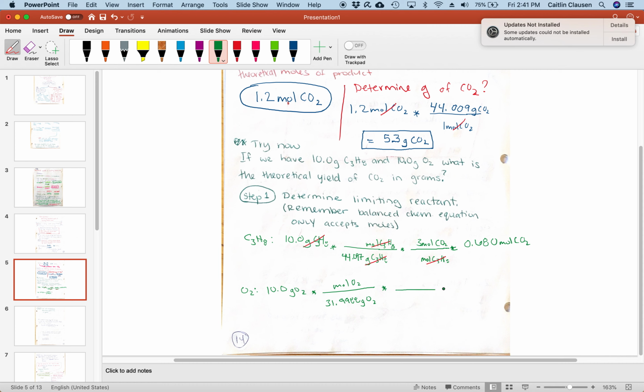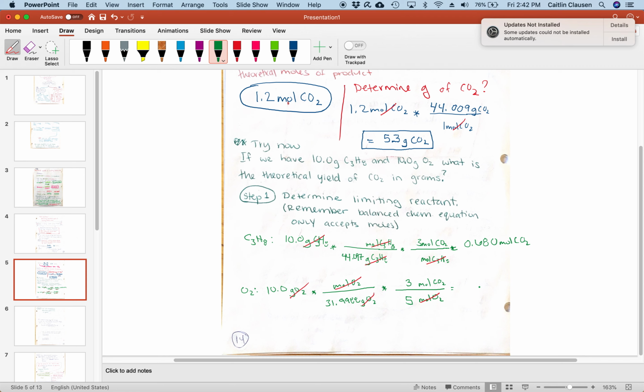And then I use the balanced chemical equation. Moles of O2 are on the bottom to cancel. I want moles of CO2 on the top. Moles of CO2 are 3, and the moles of oxygen are 5. Again, grams of O2 cancel, moles of O2 cancel.